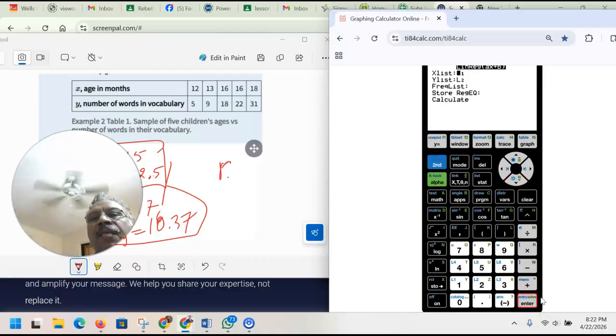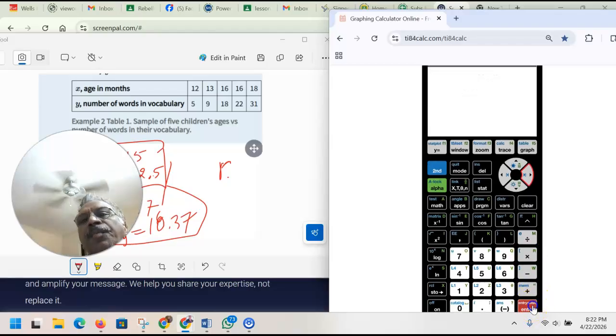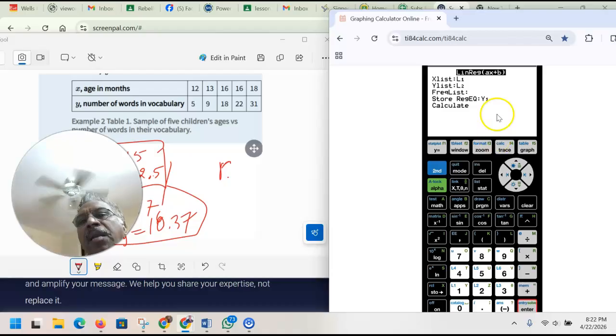L1 is the first one, then L2. We also want to store whatever equation we get in Y. How do you do that? Click on vars, then right, and then enter, and then again enter. And that's where it is already stored.